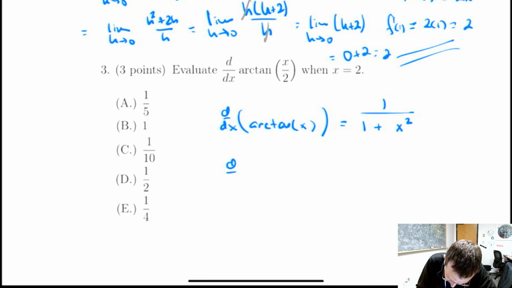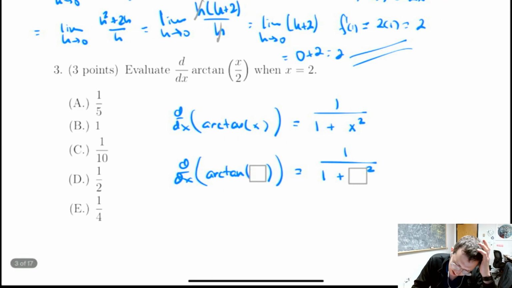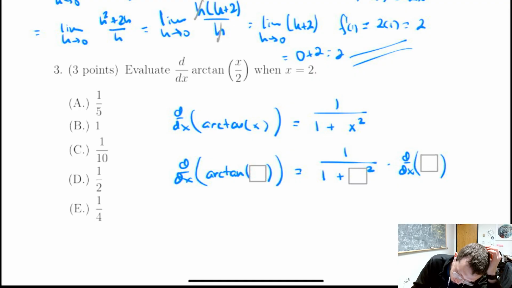But the derivative of arctangent of anything that's not just an x is not quite as simple as just 1 over 1 plus that thing squared. The chain rule says you also have to multiply by the derivative of whatever that thing was.